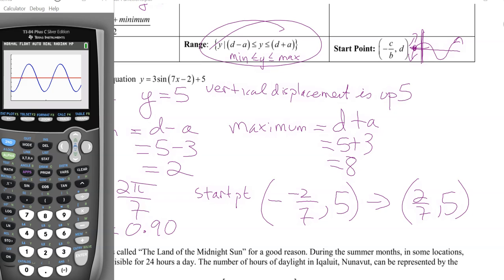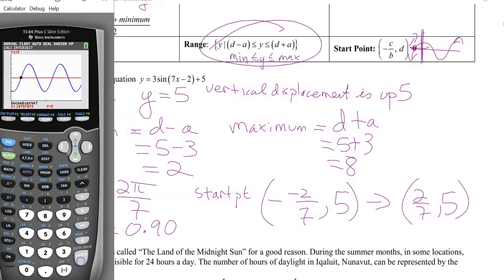This point here is the start point. We said 2 over 7 is 0.29. So I find the intersection of these two, second calc, intersect, because we have the midline going up. Going to that point, it should be around 0.29, 0.287, and so on.